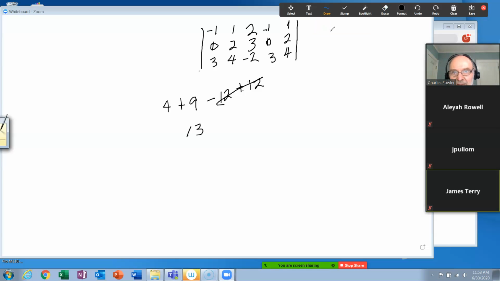Now, let's sort of forget these last two columns here for now, but I'm going to come back and reuse them later. Just pretend those aren't there and you had just this matrix.